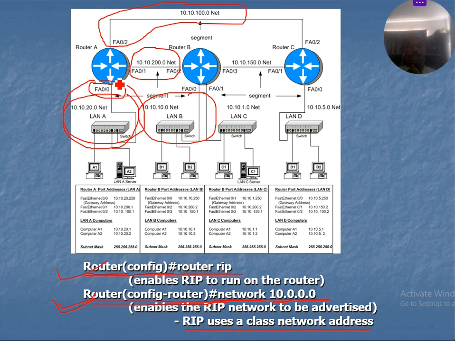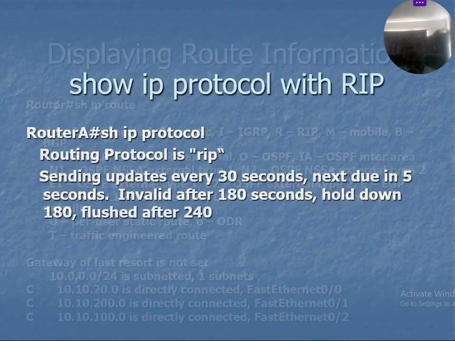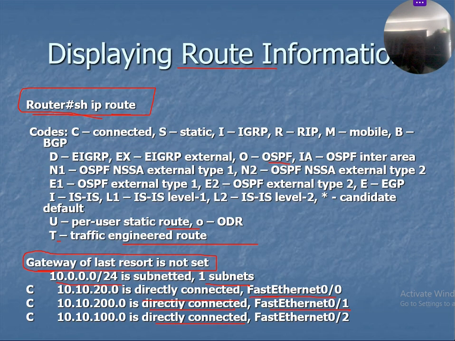All the routes where the data packet can leave this router are available: 3 routes, 1, 2, and 3. They are all available for this router A. So when you type the command router hashtag show ip route, all the routes that are available for a data packet to go through will be displayed.